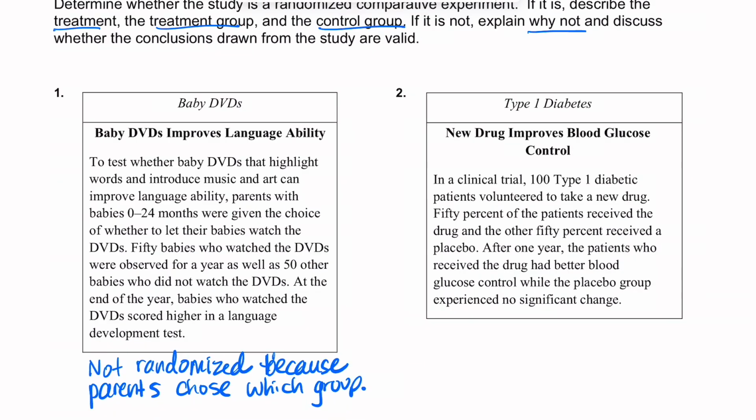So if you think about this, if you choose to put your baby in the group that watches the DVDs, you're probably also the type of parent who's more likely to be working with their child to learn things on a daily basis. So you're doing extra with them compared to the parents who weren't interested in having their kids watch the DVDs. Maybe they just weren't overzealous about that kind of thing. So that variable can really make a difference. We don't know how much more the parents are doing on top of having the kids watch the DVDs. So that's kind of why this would not work.